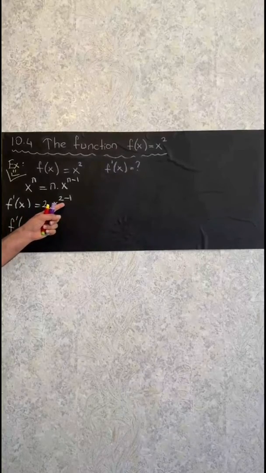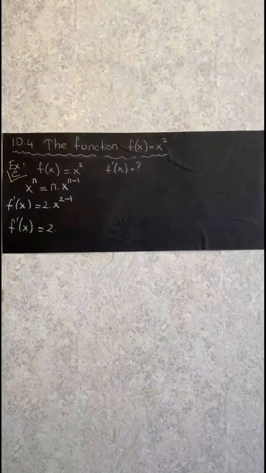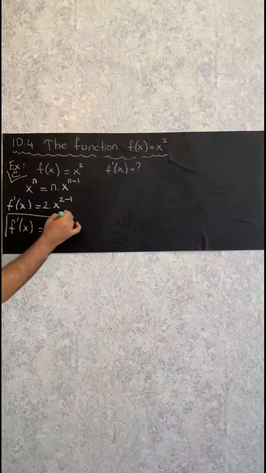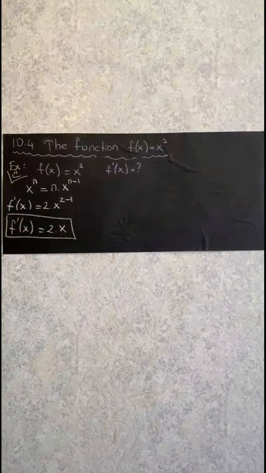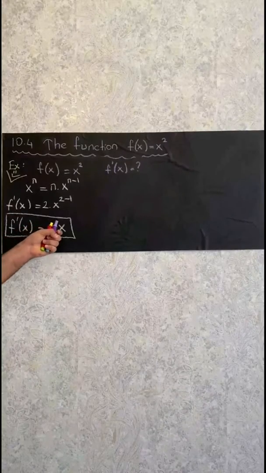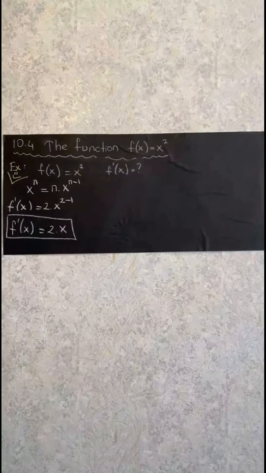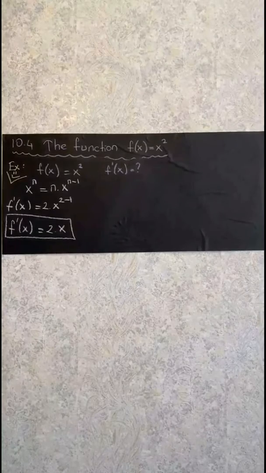So f prime of x is 2 times x to the power of 1, which is 2x. The derivative of f of x is 2x. Okay, let's prove that.